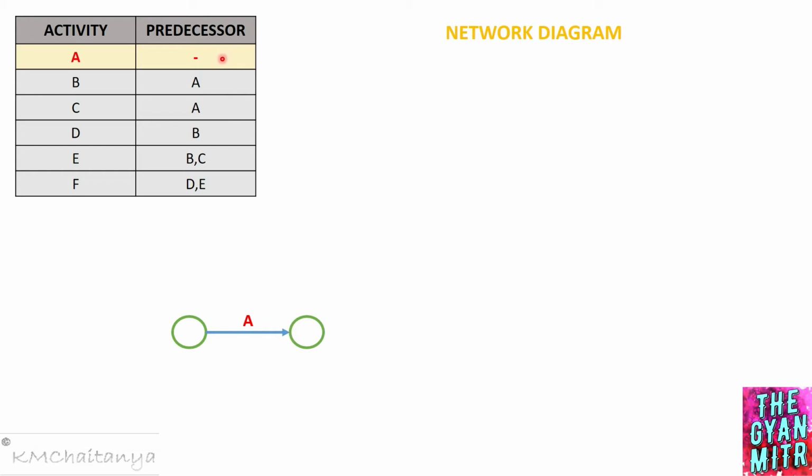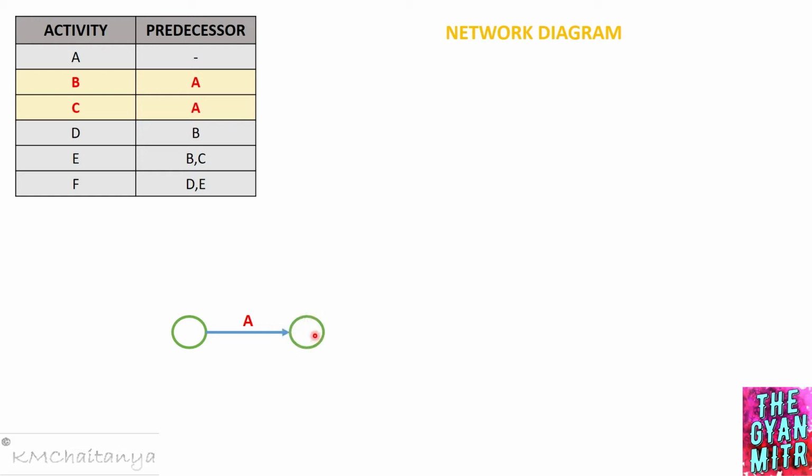So next, we'll go with the next activities, which would be activity B and activity C. The reason we are considering both these activities is that both activity B and C have a common predecessor, that is activity A. So what does this mean? In order to start activity B and activity C, activity A has to be completed. If we look at our network diagram here, activity A is completed, and that is represented by this node or event.